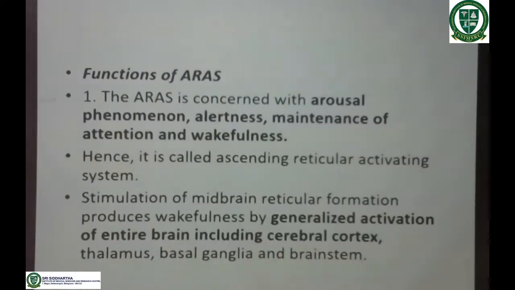So what is the function of this ARAS? As the name indicates, it is concerned with arousal phenomena, alertness, maintenance of attention and wakefulness. ARAS is mainly for these functions, to be in an aroused state, alert, maintaining attention and wakefulness. Hence it is called the ascending reticular activating system.